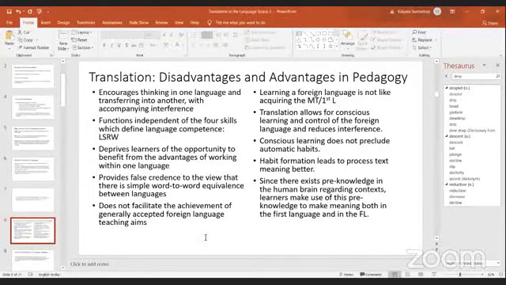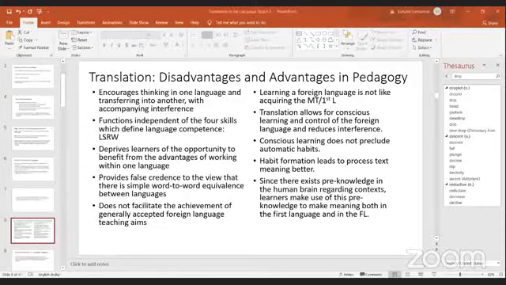So there are certain disadvantages, as I mentioned, and advantages in pedagogy if translation is used. Research is quite divided, but at the present time, translation as a teaching tool, translation as a higher level language development equipment, is gaining quite a lot of reputation and quite a lot of people practice that in the classroom.